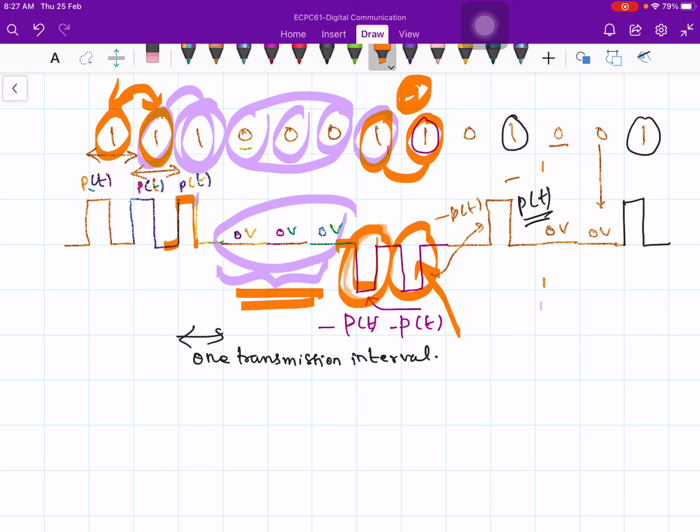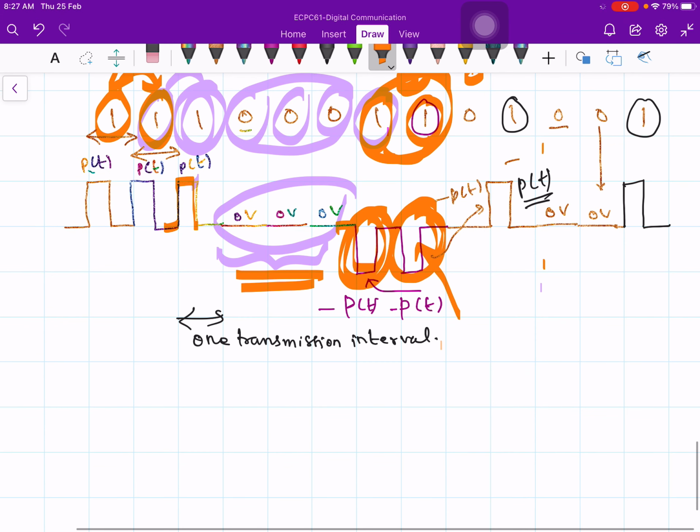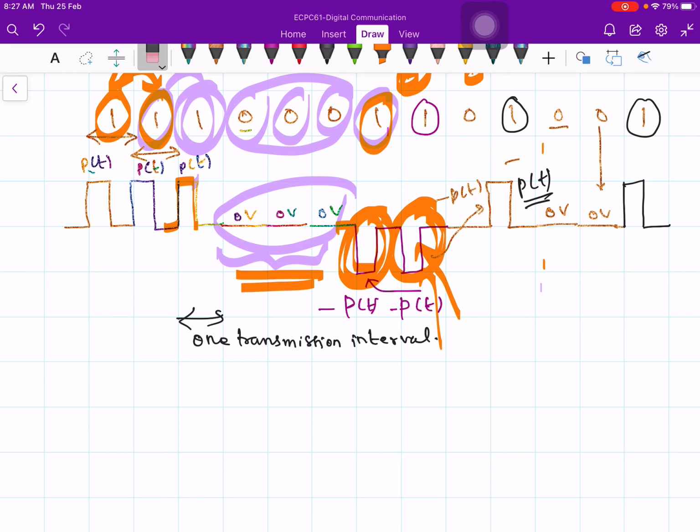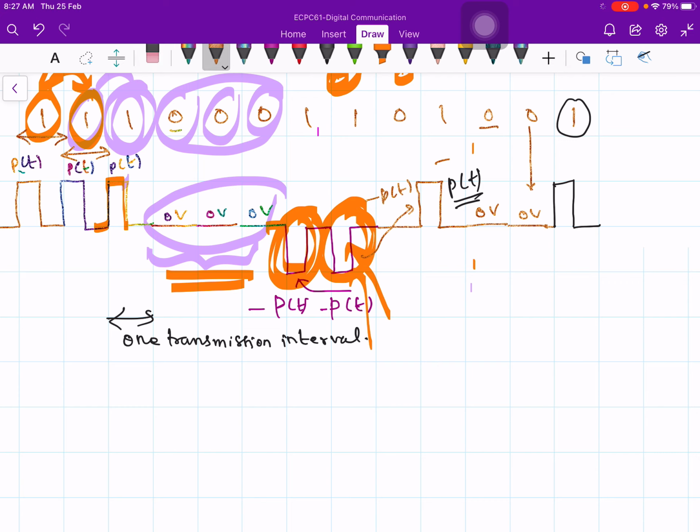This guy is minus pt and this also minus pt, because in between these two guys, even number of zeros. So which is the case here. Now if you look at between these two digits, in between I have odd number of zeros.